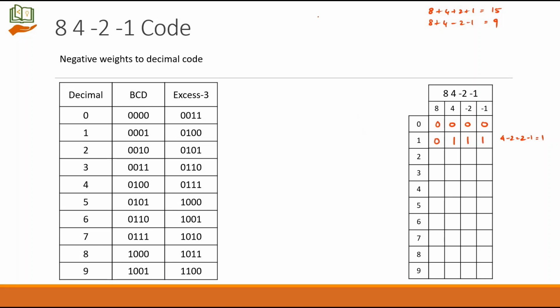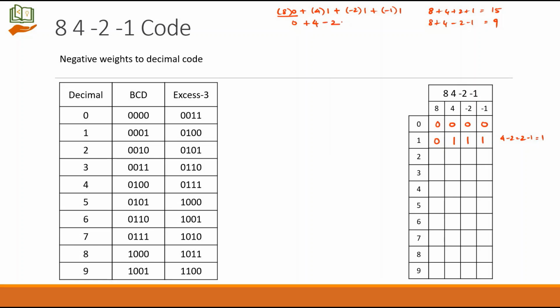So let me explain you here. The weight is 4. I have 1 plus weight is minus 2. I have 1 plus weight is minus 1. I have 1. And here the first weight is actually 8, but I have a 0 here. 0 into anything is 0 plus 4 into 1 is 4. Minus 2 into 1 is minus 2.